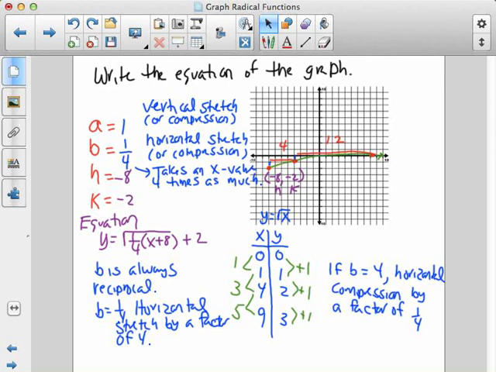So if you didn't like this 1/4 and you wanted to take the square root and make it 1/2, it would be an equivalent equation because 1/4 is a perfect square. So we could rewrite this two different ways. But it's not easy to see that as a vertical stretch of 1/2, but it is easy to see it as a horizontal stretch of 1/4. So we're going to just keep it with the more obvious one from the graph.